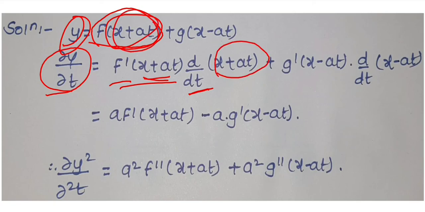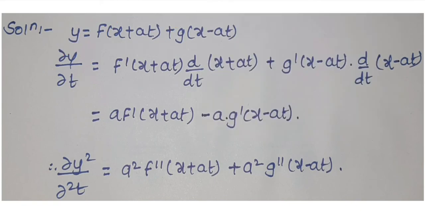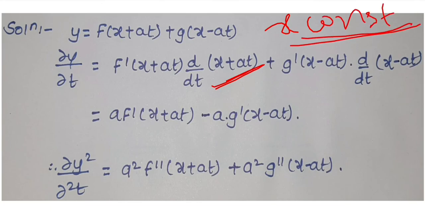Plus, differentiation of g will be g dash of x minus at, by chain rule, d by dt of x minus at. Okay, that is what we get. Here we are differentiating with respect to t, and in partial differentiation x is constant.